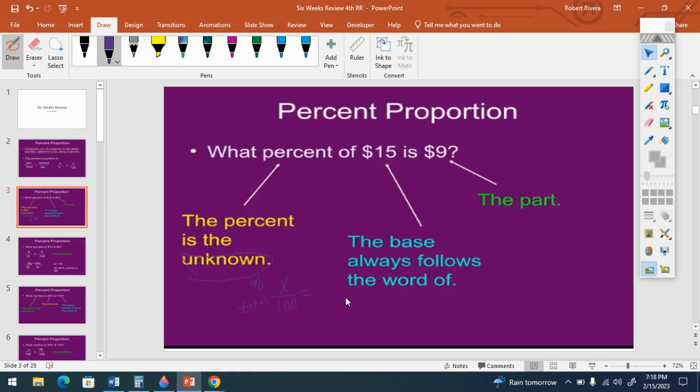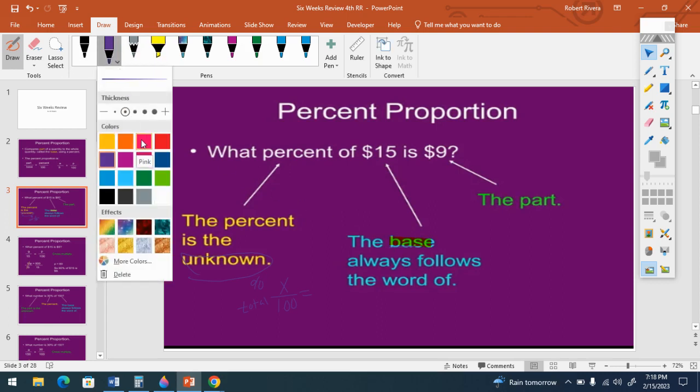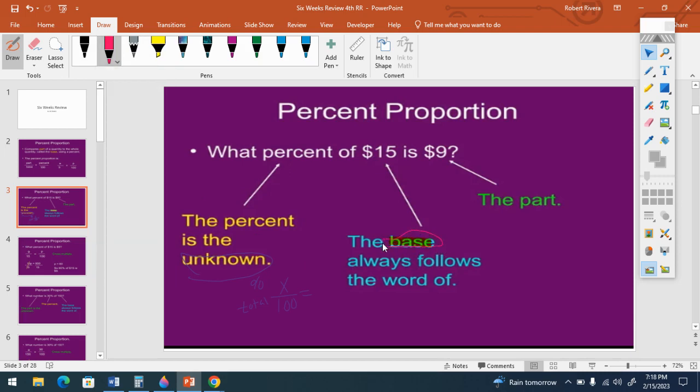Now on the other side, we have what's called a base. The base, let me get another pen and get pink. The base always follows the word of.